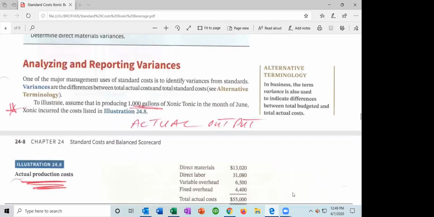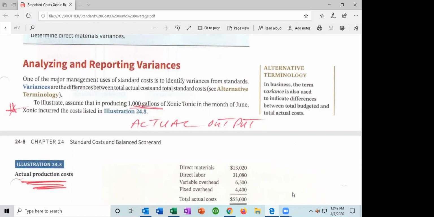So now what we want to do is prepare a performance report. And what is a performance report? A comparison between what it should have cost and what it actually costs. What it should have cost, that's the flexible budget. Remember the flexible budget.